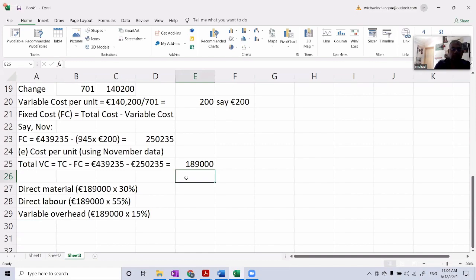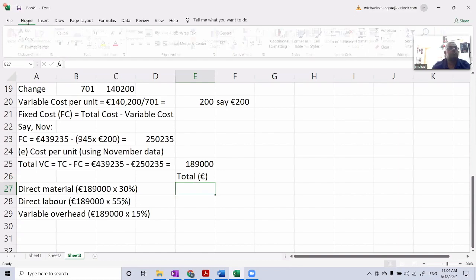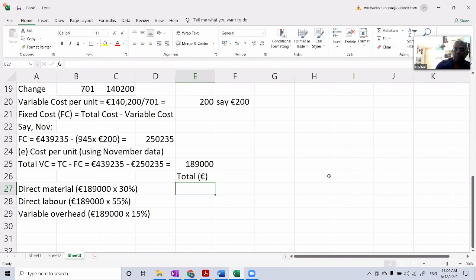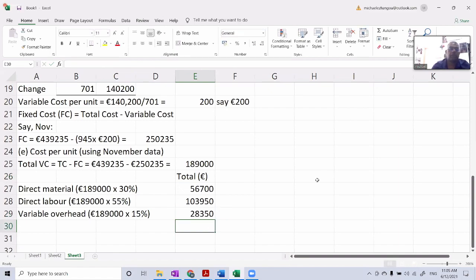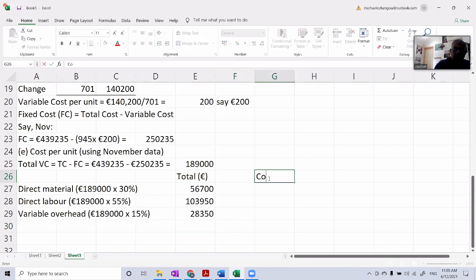So total, that would be 189 times 30%, 189 times 55%, 189 times 15%. So you want to find the cost per unit.